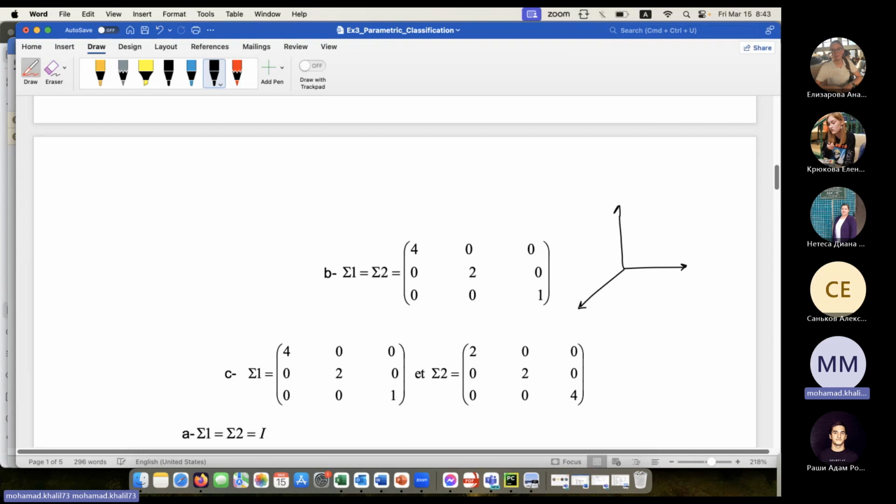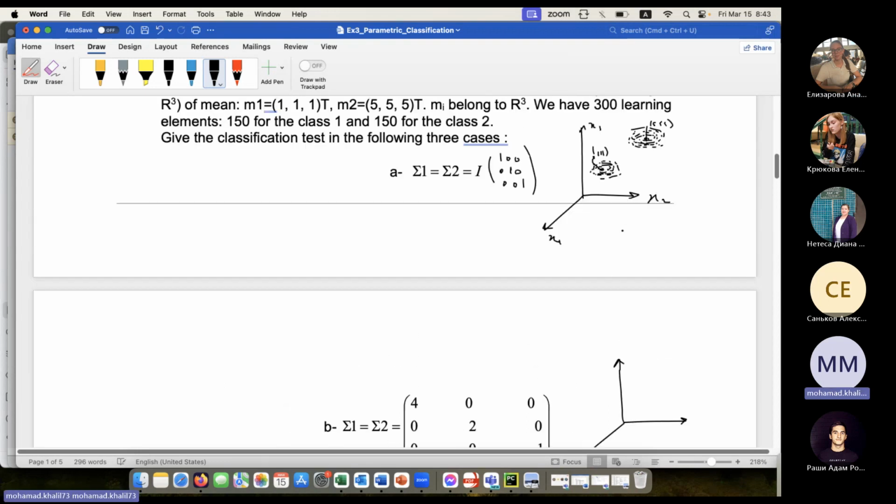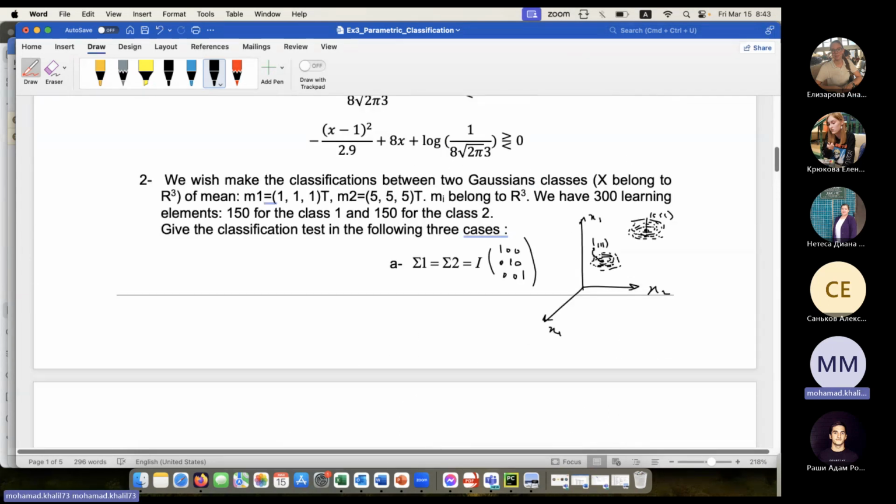In the second case, look at what it means. Here, if it is I with center 111, the data are symmetrically distributed around the center. What does this mean? The data around the center are symmetric.